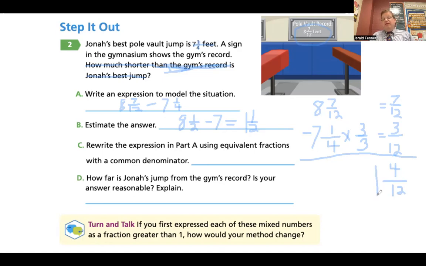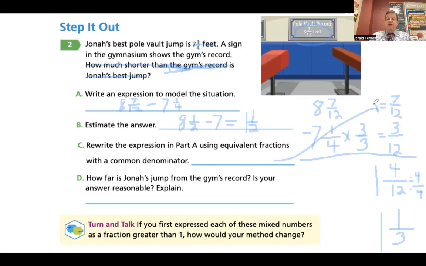Okay, now 4/12 can be simplified. You can divide both the 4 and the 12 both by 4. Okay, so let me see if I can squeeze this in over here. By 4/4. 4 divided by 4 is 1, and 12 divided by 4 is 3. So it's 1 1/3. Okay, so you can see our answer is pretty close to our estimate. Okay, rewrite the expression.